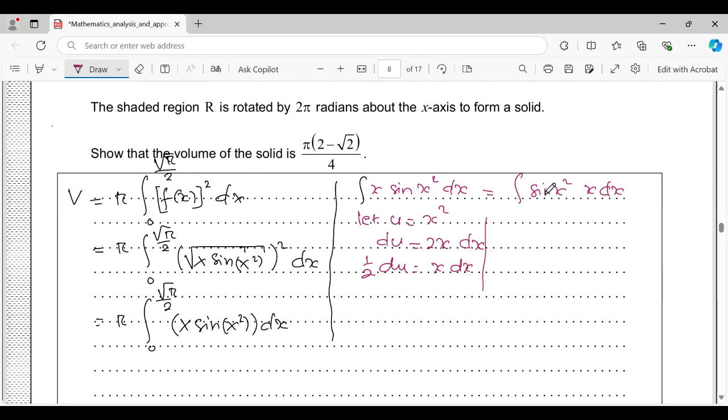So this integral we can write as sine u times x dx equals half du, and it becomes half times minus cosine u plus c, or minus half cosine u plus c.